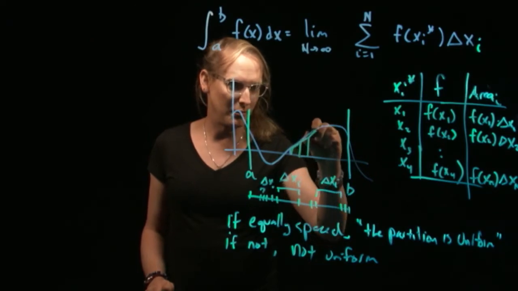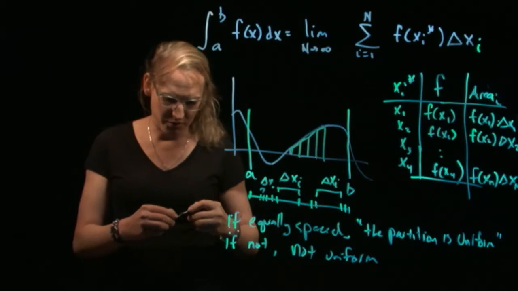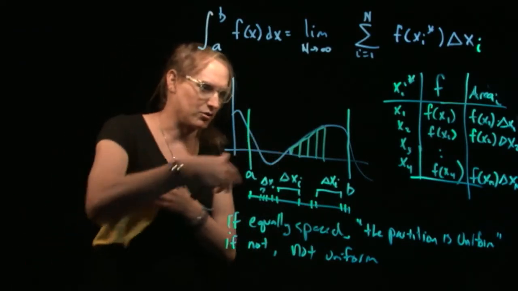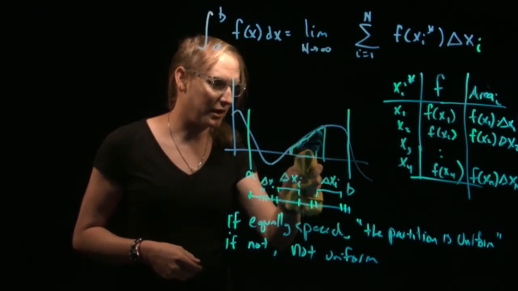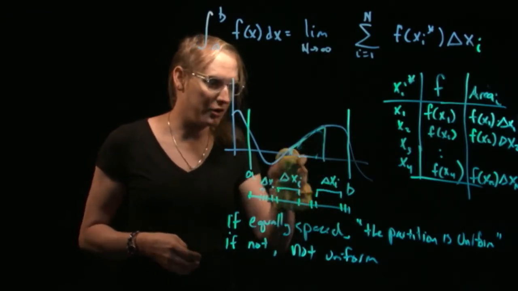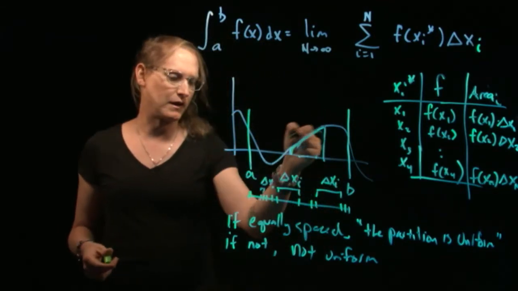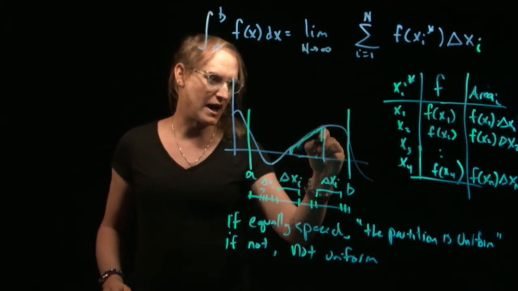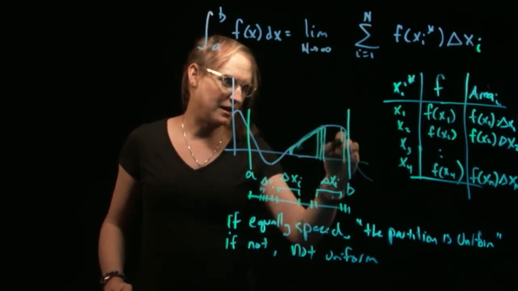I could do one big long trapezoid in here. There's no reason that I want them all to be small like that. I could just have one trapezoid for this whole thing right here, because this thing wasn't curving very much.